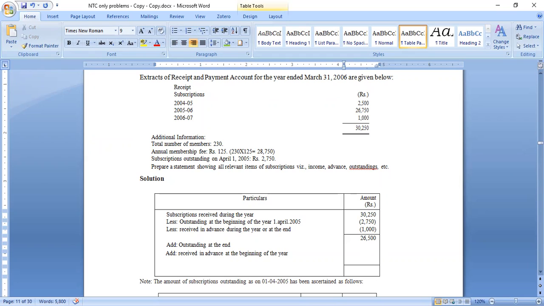So we do not have any amount for this transaction. So that is why it is nil.